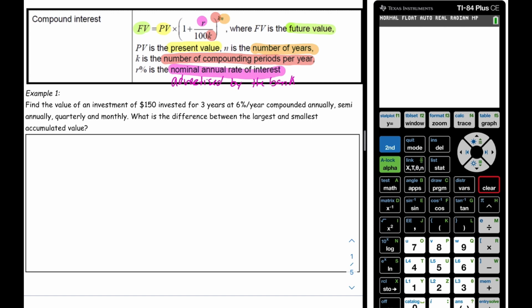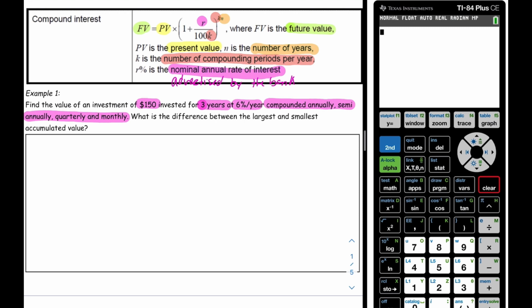Find the value of an investment of 150 invested over a 3-year period at 6% per year, compounded annually, semi-annually, quarterly, and monthly. So we're going to be doing all these differences. And we're going to be asking what is the difference between the largest and the smallest value accumulated.